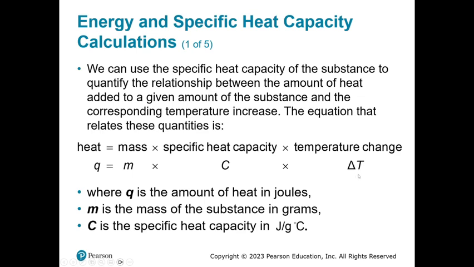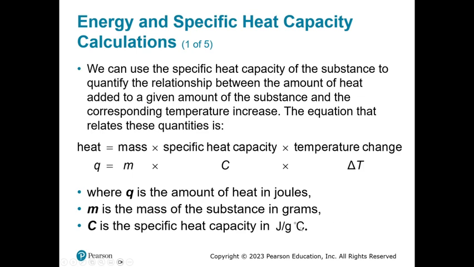Because of that, you can get away with using Celsius. However, for every other temperature calculation we do in this class, you won't be able to get away with Celsius. You'll have to use Kelvin. So that's why I'm trying to get you guys in the habit of doing Kelvin now, rather than using Celsius and Kelvin interchangeably here and then getting screwed over later down the road when you have to use Kelvin for gases and solutions.